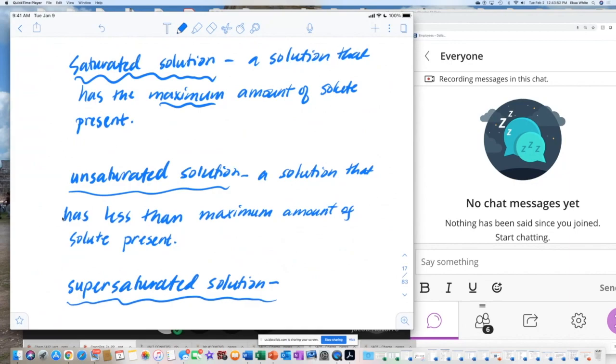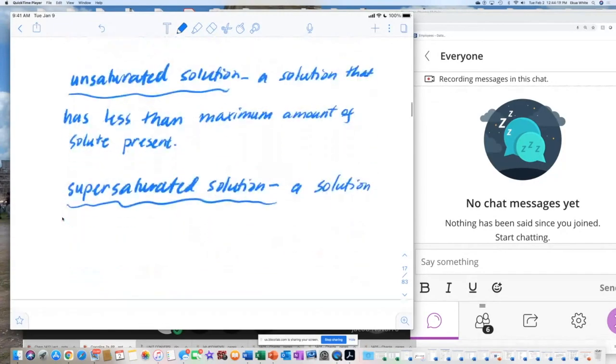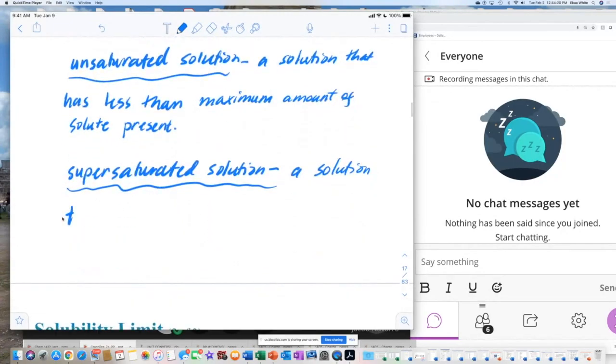We know all three are solutions, but what behavior does the supersaturated solution have? Any hypotheses or guesses of what the definition would be? I know it's a solution that has how much solute?